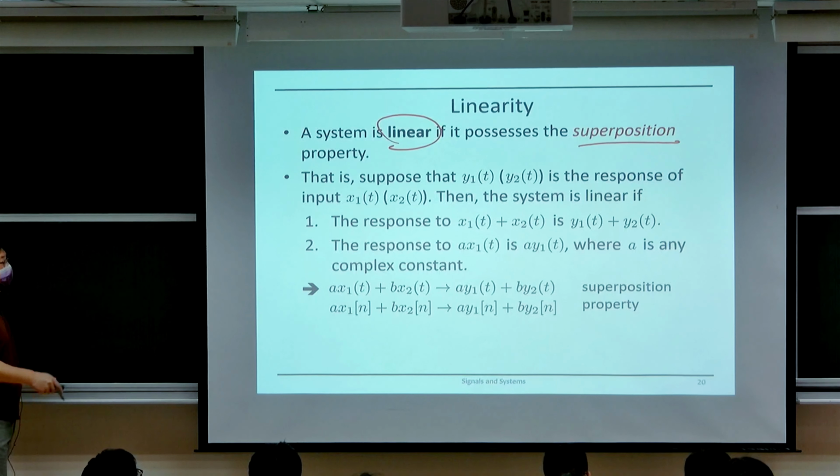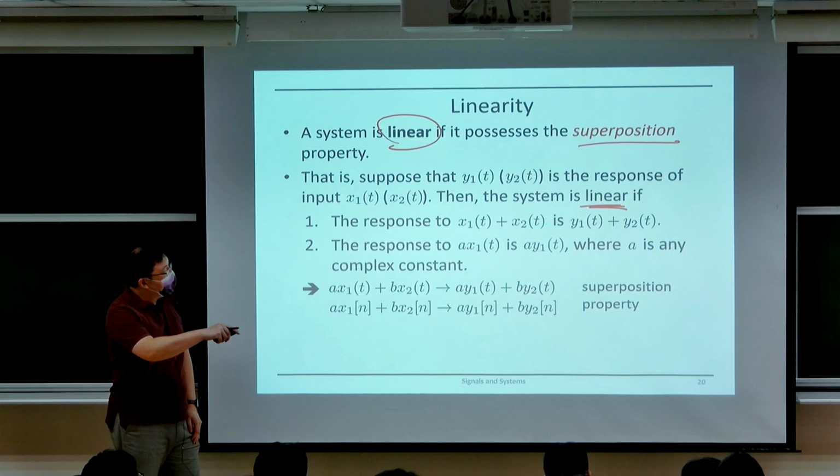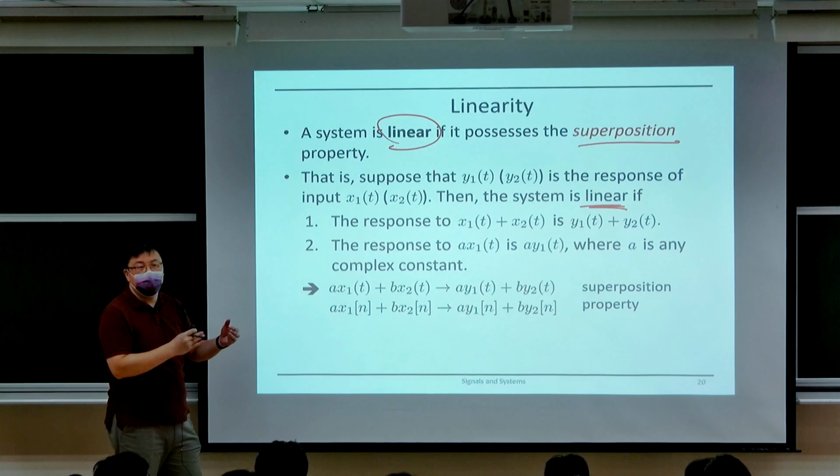Now we say that a system is linear, or that it satisfies the superposition property, if the response to the addition of two inputs is equal to the addition of their corresponding outputs.